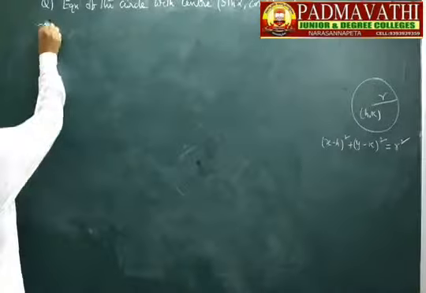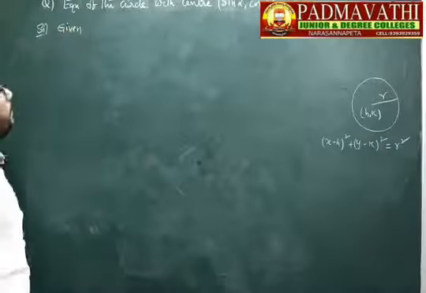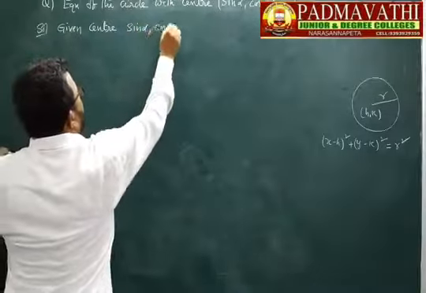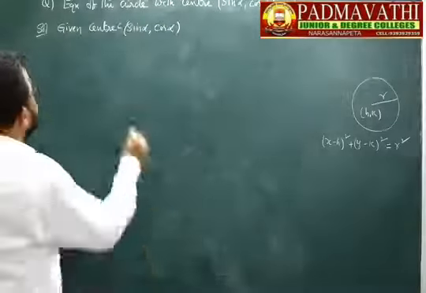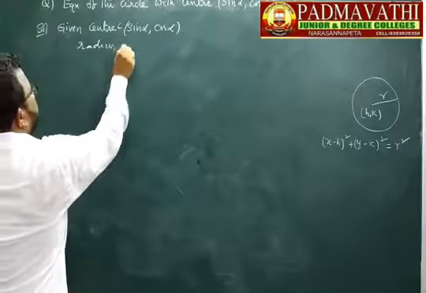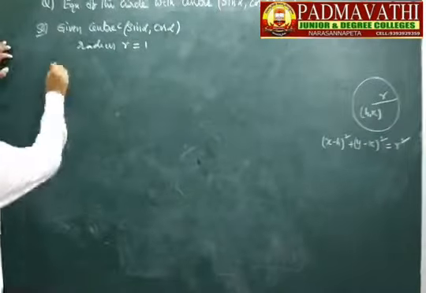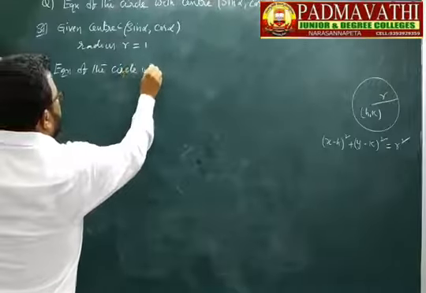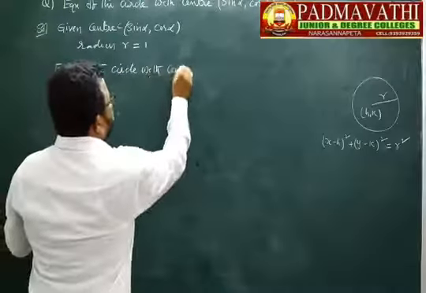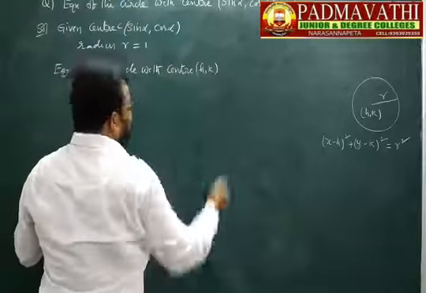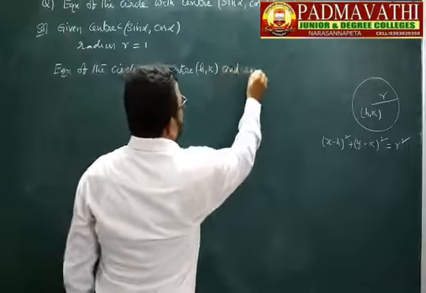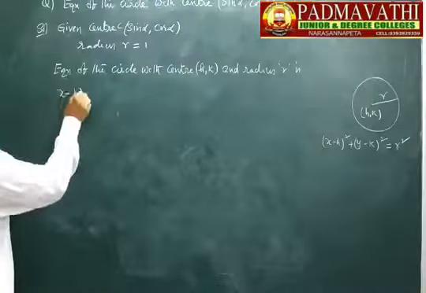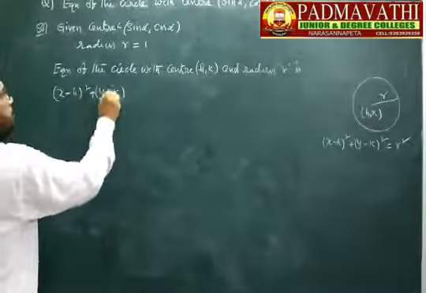Okay, solution. Given the center (sin alpha, cos alpha), that is center C, and radius r is equal to 1, then the equation of the circle with center (h, k) and radius r is x minus h whole square plus y minus k whole square is equal to r square.